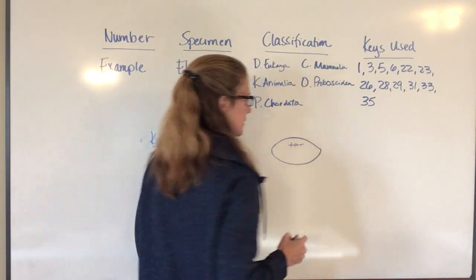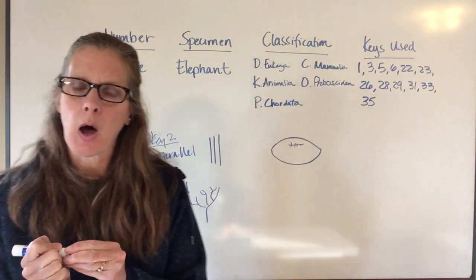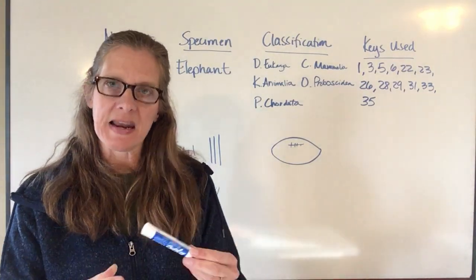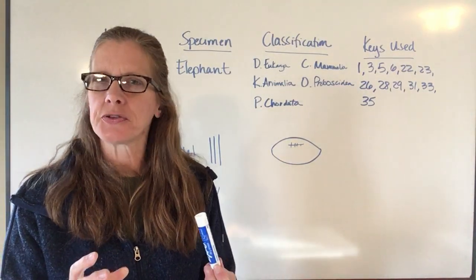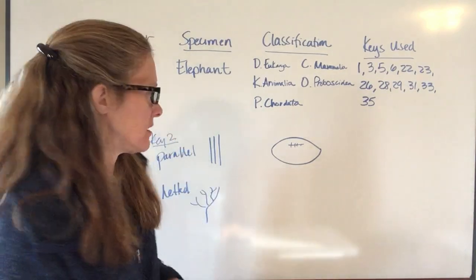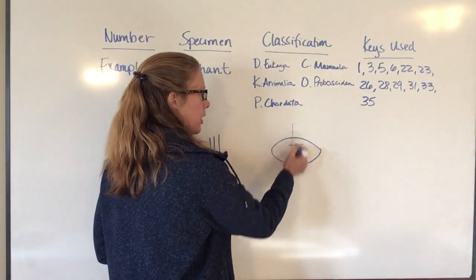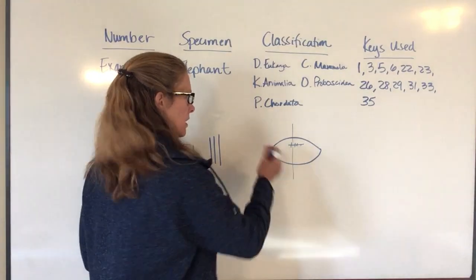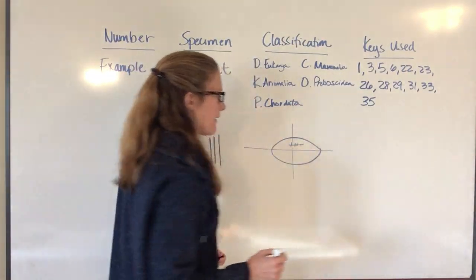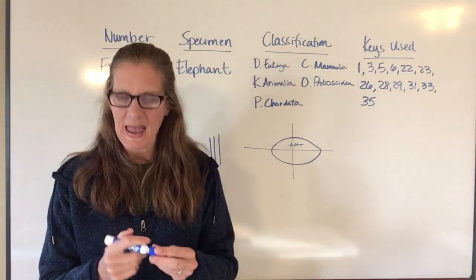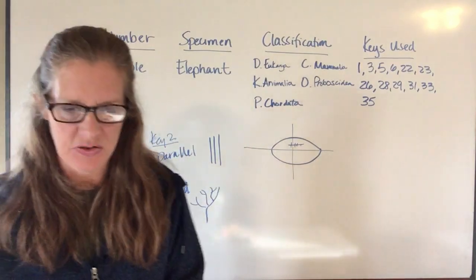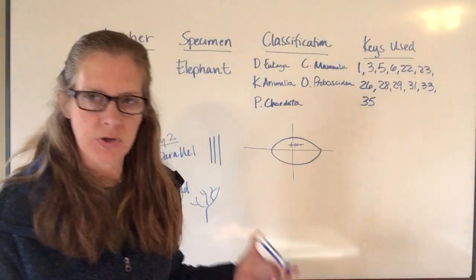So if I have a football here, a football is something that I can divide in half, but I don't have to divide it a certain way to divide it in half. I could divide a football in half this way, or I could divide a football in half this way. So I don't really have a specific way that it has to be divided in half. It could be divided a couple of different ways.